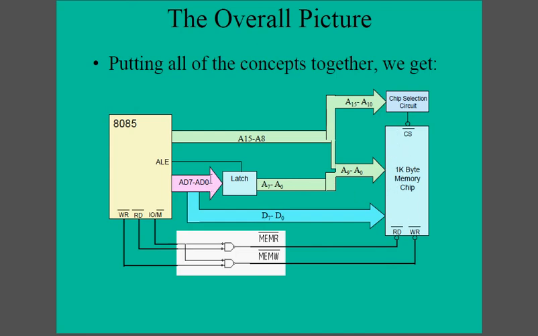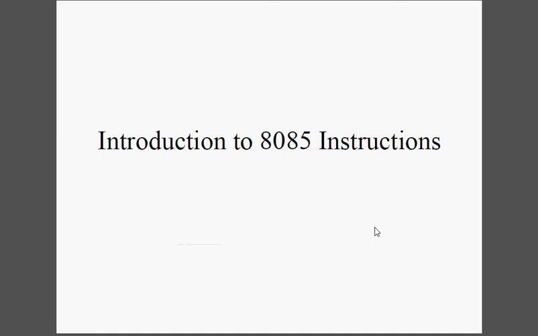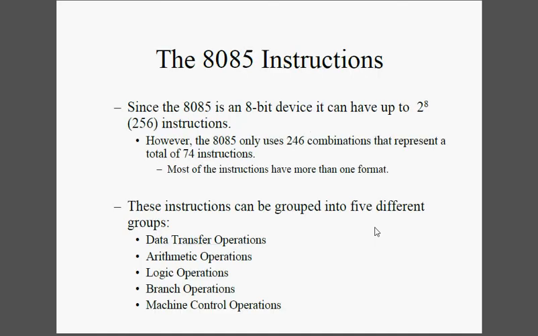After ALE has latched the address, the lines can be used as the data bus, to send data to the memory, or for the memory to send data to the microprocessor. And this is your control signal, where you tell the memory whether it is a read or write process.